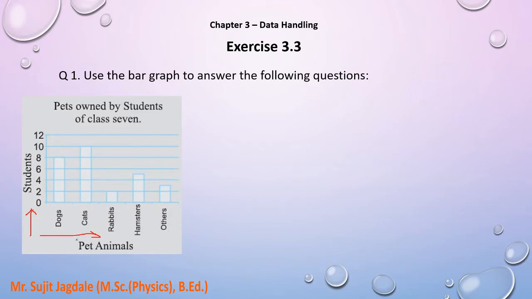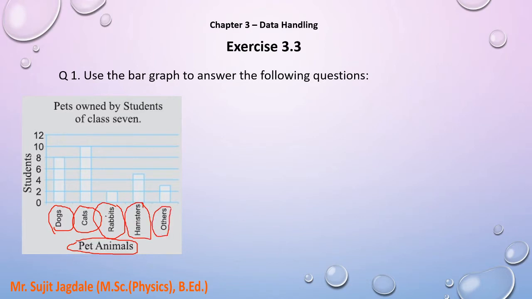For both the axes, one particular piece of information is provided. The horizontal axis gives the information about pet animals, that means which type of pet animals are there. Here 5 types of pet animals are given. First one is dog, second one is cat, then rabbit, then hamster, and the other type of animals is given in the 5th column.